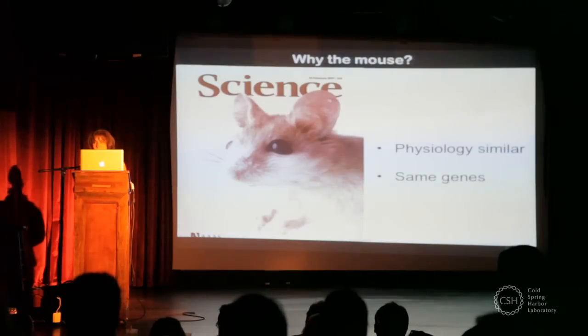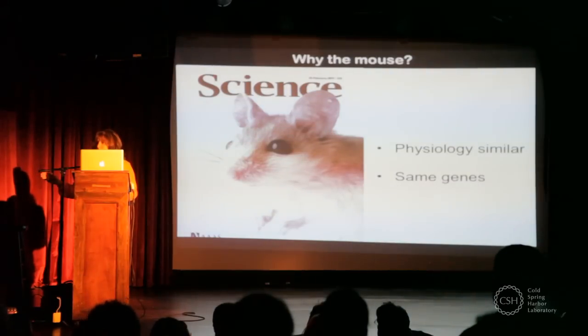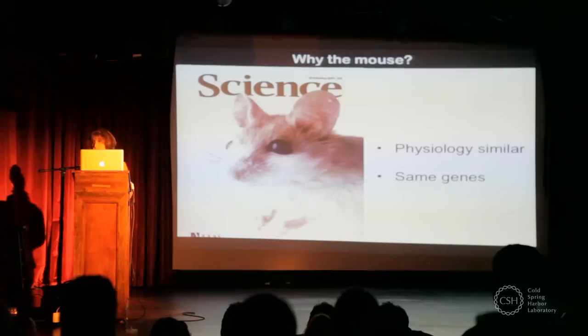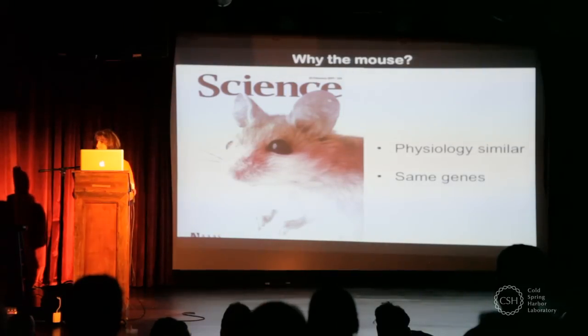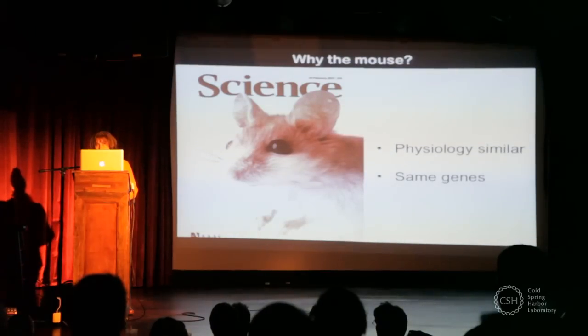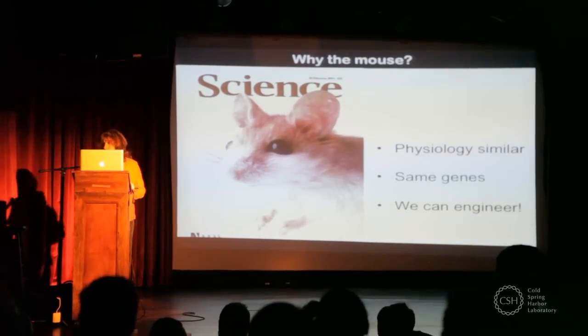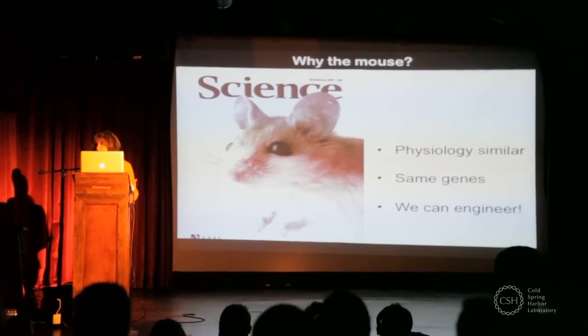The second reason is they have essentially the same genes found in humans, and they tend to cluster. If a group of genes are nearest neighbors in human, they also tend to be nearest neighbors in mouse. Now, one of the most remarkable reasons, to me at least, why we use the mouse as a model system is that we can engineer these particular changes to understand gene function.